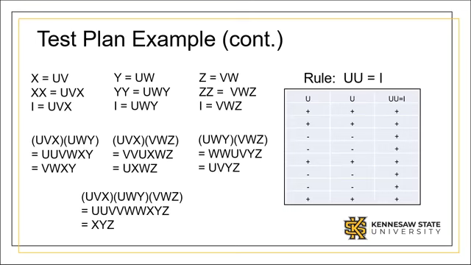So the defining relation is I equals UVX equals UWY equals VWZ equals VWXY equals XWZ equals UVYZ equals XYZ.